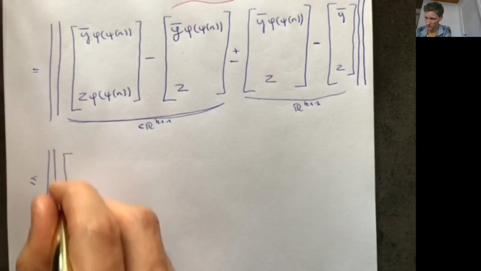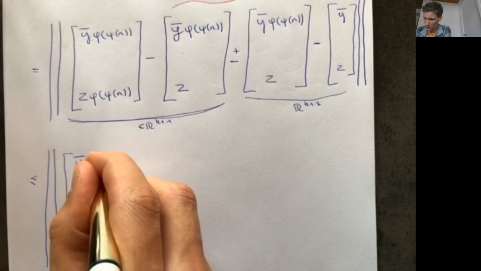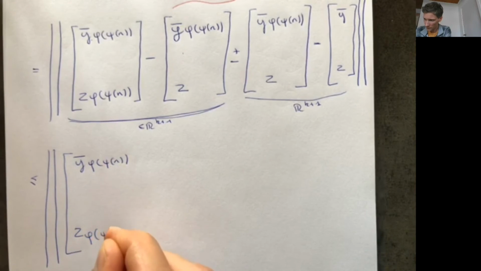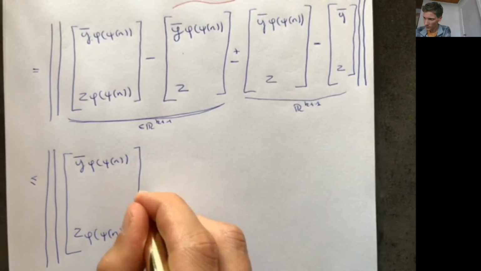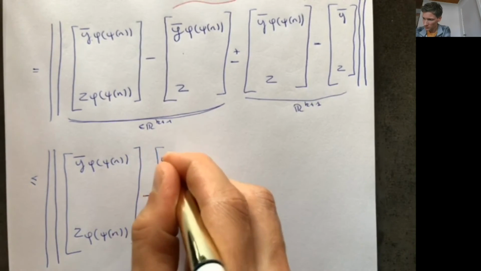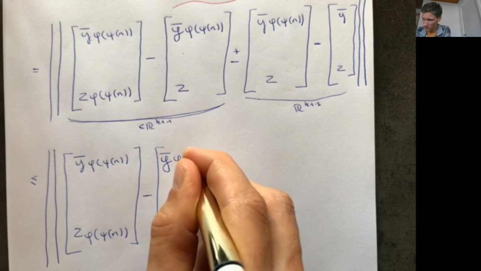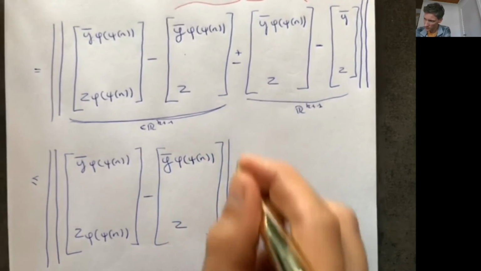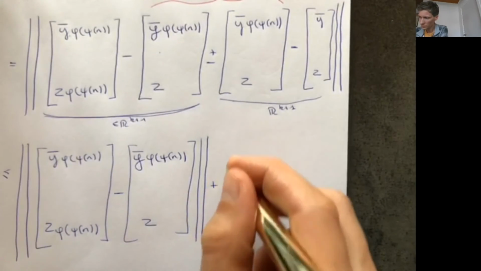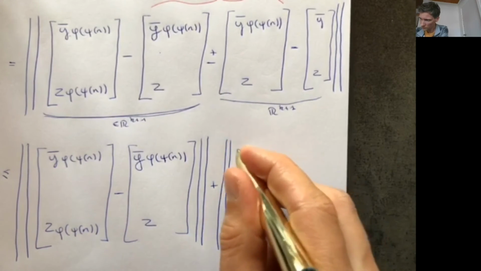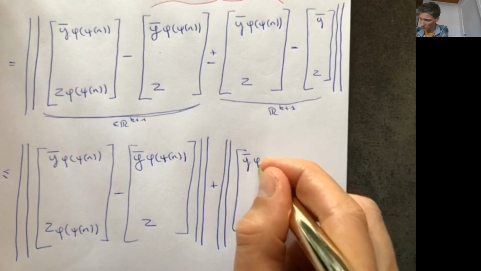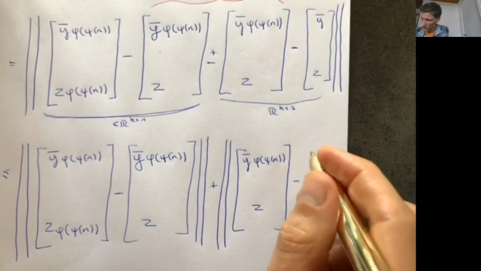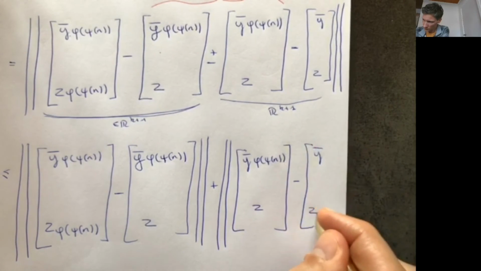So basically we're going to put the norm of y phi of psi of n, z phi of psi of n, minus y phi of psi of n, and then z. Okay, and then plus the norm of y phi of psi of n, z, minus y, z.